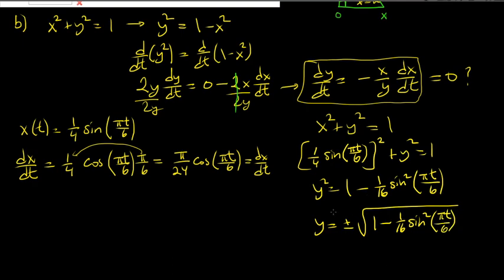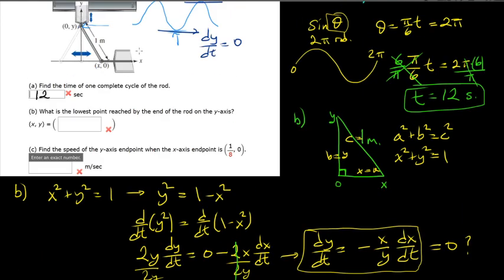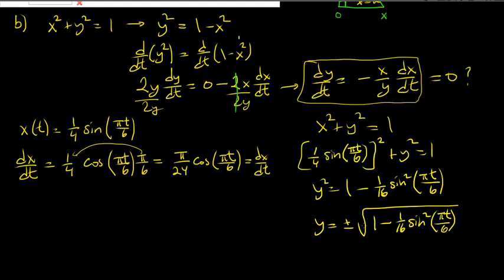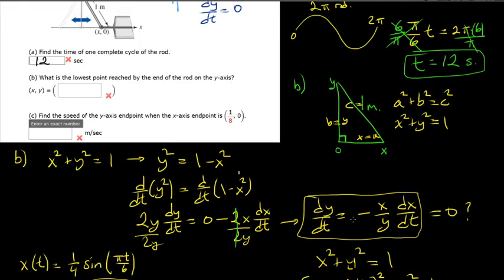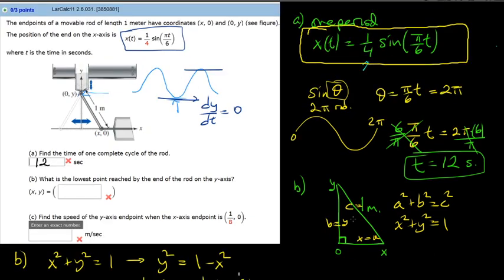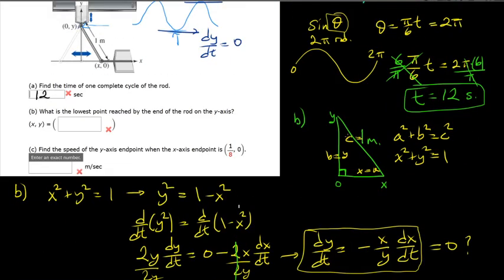And again, now we have to figure out, is it plus or is it minus? Well, if we want it to be at the bottom, I think we want the negative one, right? So now I'm just second guessing myself.